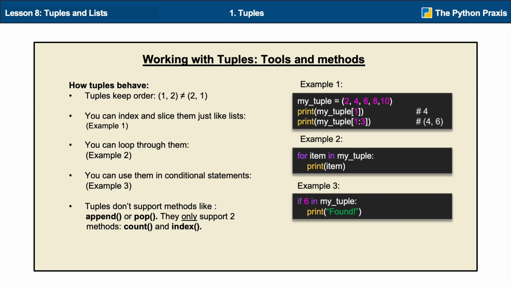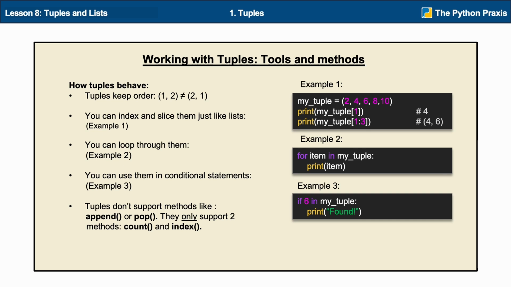Here we have some examples with tuples. In example 1, we have a tuple called my tuple that contains in order 5 numbers, 2, 4, 6, 8, and 10. If we print my tuple and inside square brackets we put number 1, Python will print only the second element, number 4. If we print my tuple and inside square brackets we put 1:3, Python will print numbers 4 and 6.